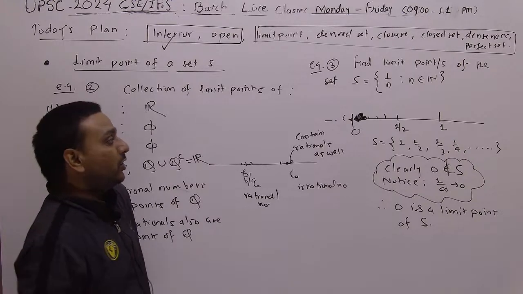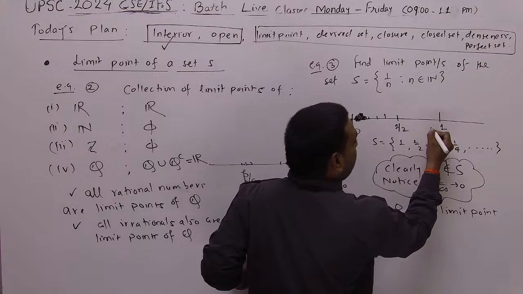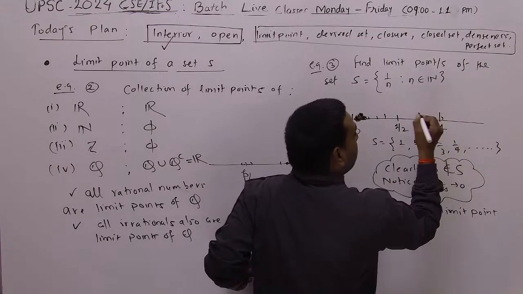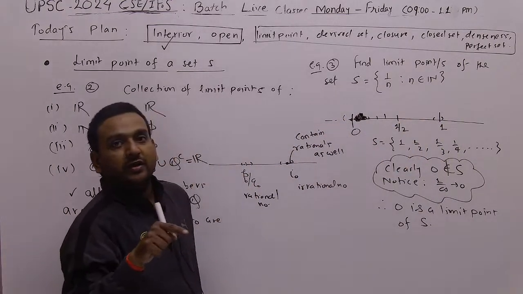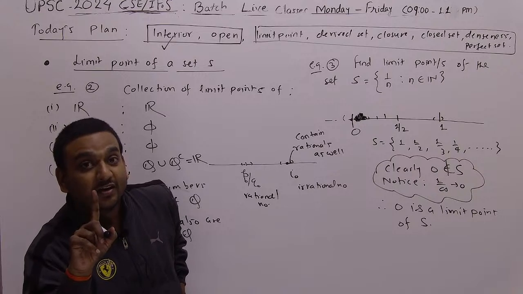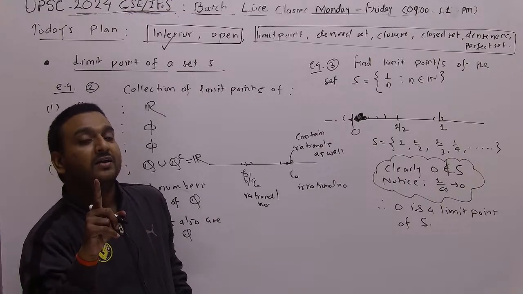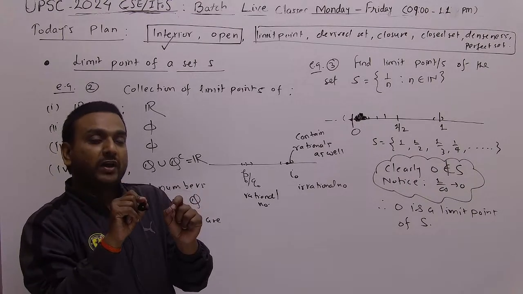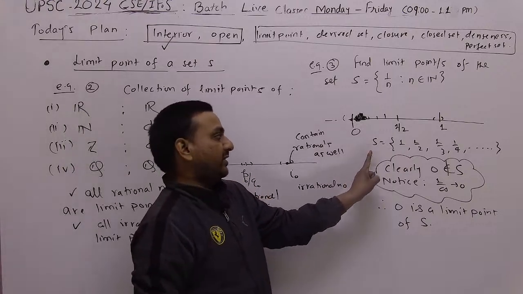Not possible at all, because if you take any ball here which is centered at 1, that will not contain any number other than 1 but of the set S.